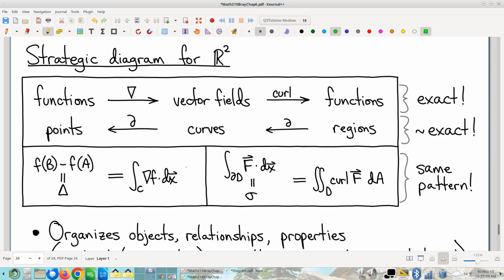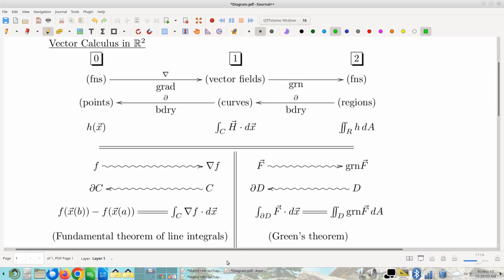Let's see here. Oh, I am going to switch back to the big diagram, as I said I was going to do. Let's do this here. So let's talk about the theorems that we've studied in 2 dimensions. We've studied Green's theorem, and here's a diagrammatic representation of Green's theorem.